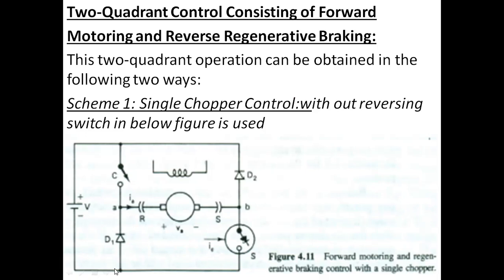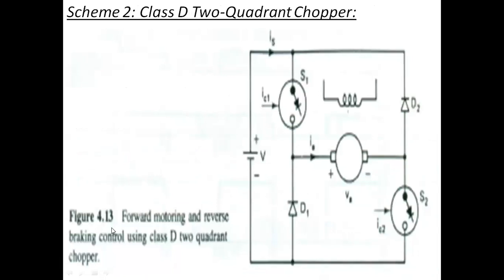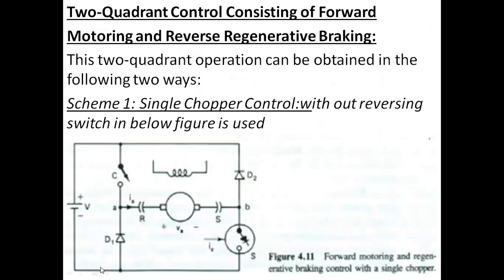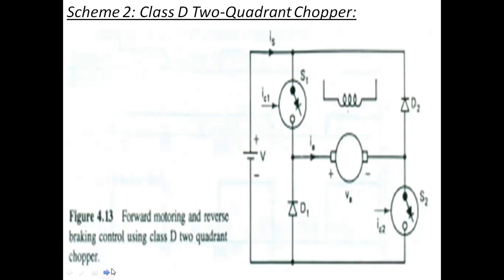Next, this is scheme 2, the class D two-quadrant chopper. For this scheme 2, the figure 4.13 shown is used here. This chopper can be controlled using a number of schemes, but these two schemes are the most used.